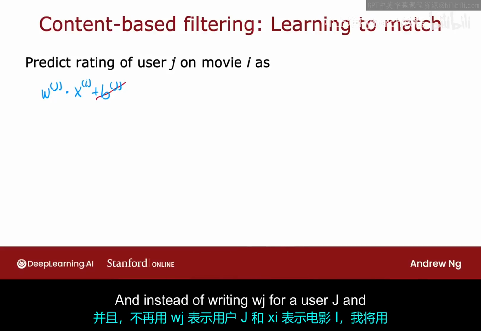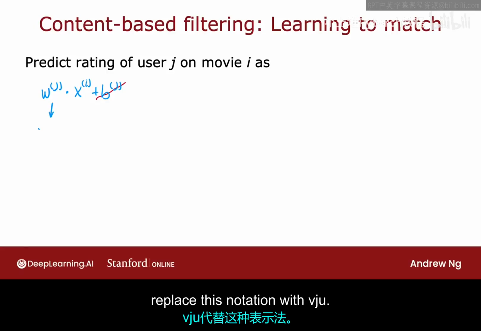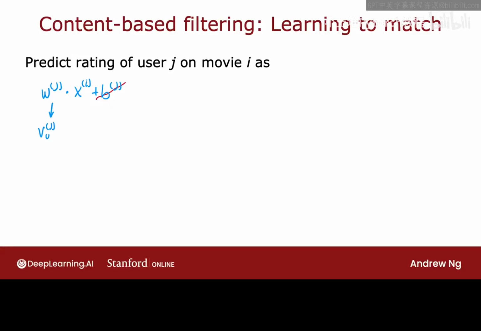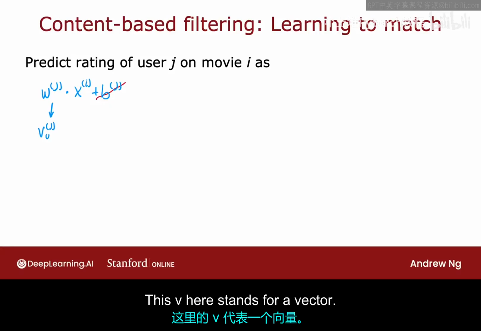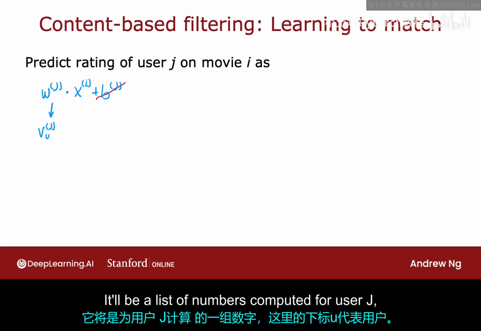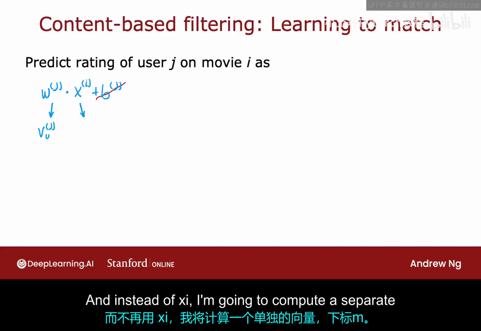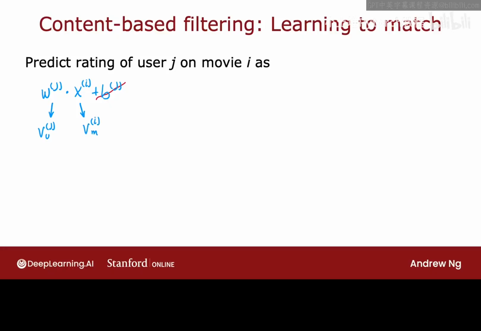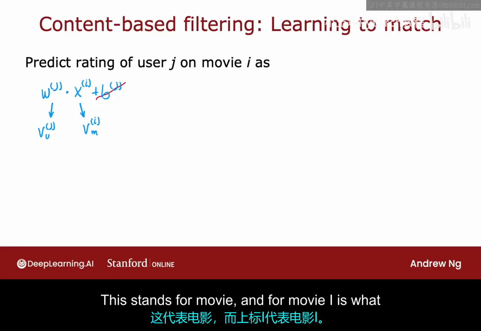And instead of writing Wj for a user J and Xi for a movie I, I'm instead going to just replace this notation with Vj U. This V here stands for a vector. It'll be a list of numbers computed for user J, and the U subscript here stands for user. And instead of Xi, I'm going to compute a separate vector, subscript M. This stands for movie, and for movie I is what the superscript stands for.